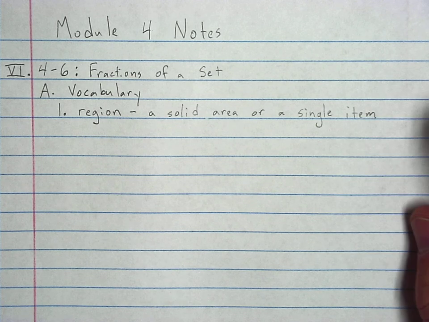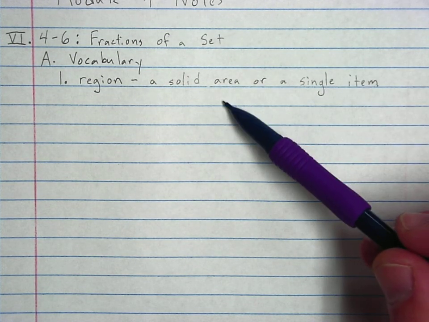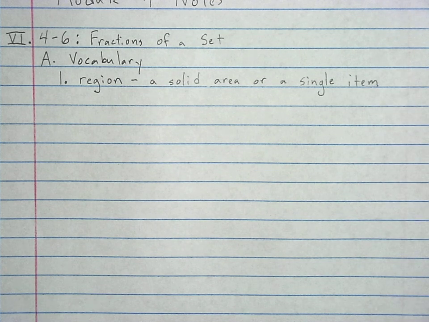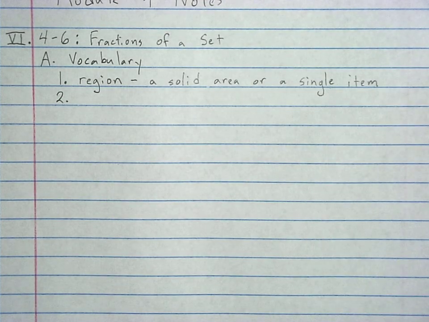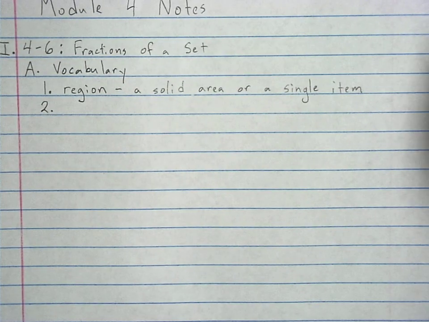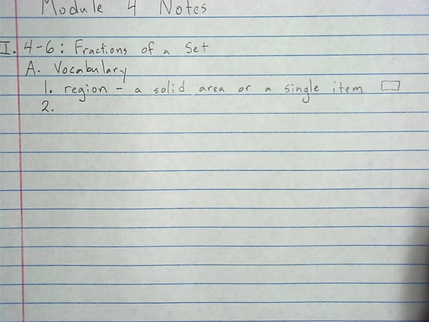Every time I talk in class about splitting up a pizza. A solid area or a single item, an individual item that we are splitting up. One deck of cards might seem like it's 52 different pieces, but I can treat it as a region. I can treat it as one single thing. That sounds a little weird. Let's continue. A region is a solid area, and in fact, you can think of it as just those rectangles that I love to draw.